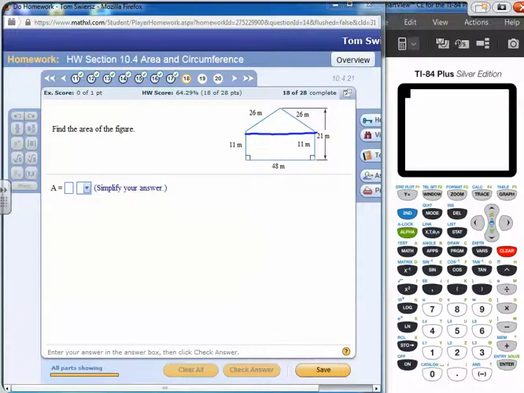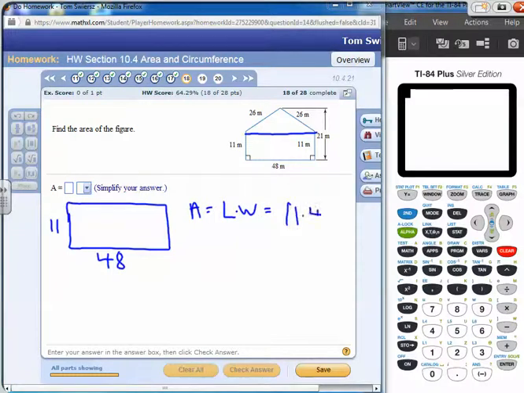So the area of the bottom part is a rectangle, right? And it is 11 by 48 meters, right? So the area of a rectangle is length times width. So we get 11 times 48, which we'll do on our calculator.